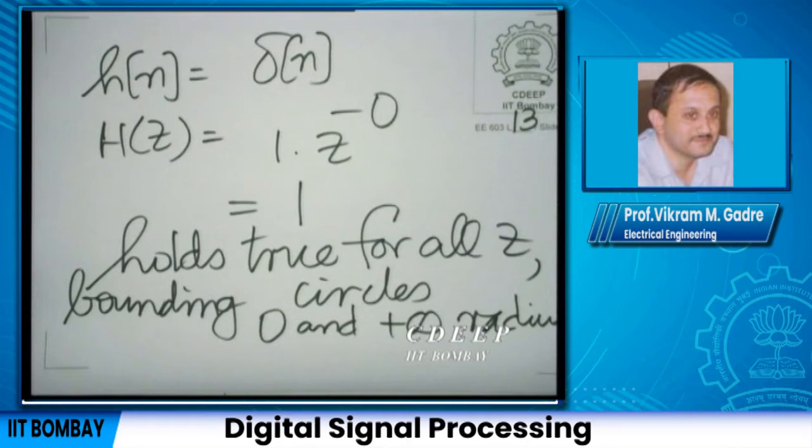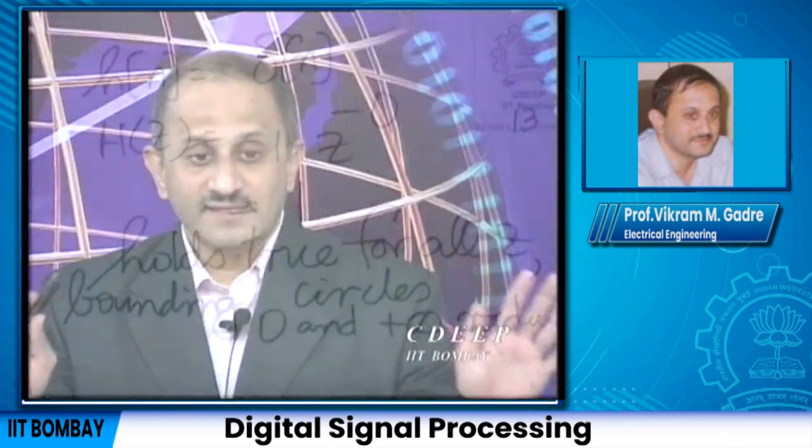Essentially, the region of convergence lies between the concentric circles of radius 0 and radius plus infinity. The entire Z plane is the region of convergence here. However, in this case, the two boundaries are also a part of the region of convergence. The circle of radius 0 and the circle of radius infinity are parts of the region of convergence.